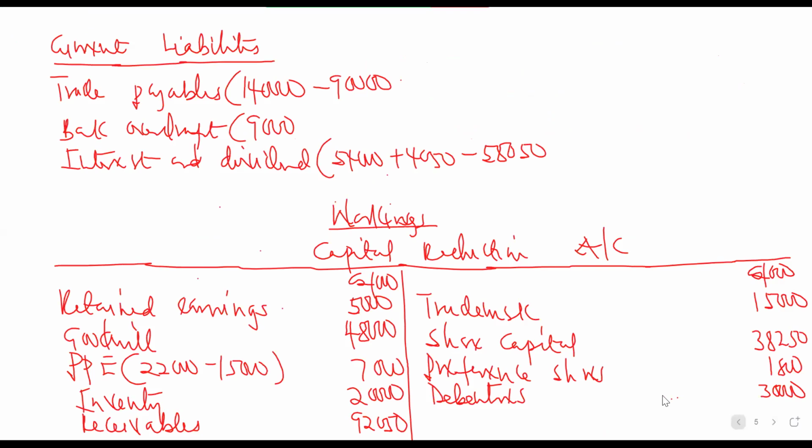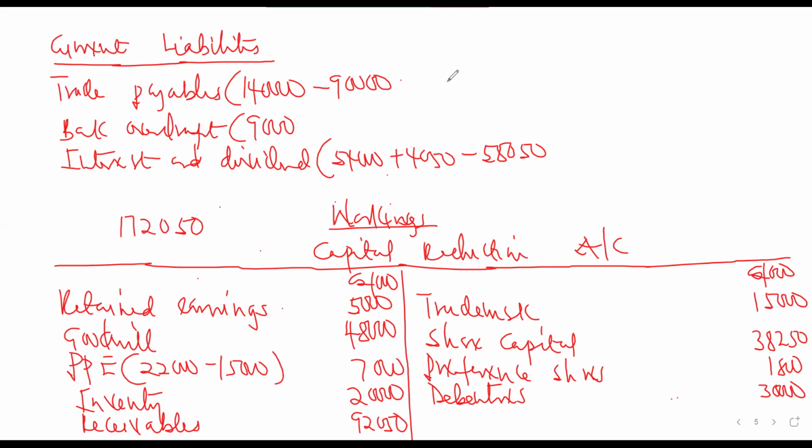So we are going to be having 5,000 plus 48,000 plus 7,000 plus 20,000 plus 92,050. Debit side, I'm having 172. The capital surplus, we'll deal with it if there is any loss from the reorganization. So if there is any loss from the reorganization, we write it against the capital surplus.